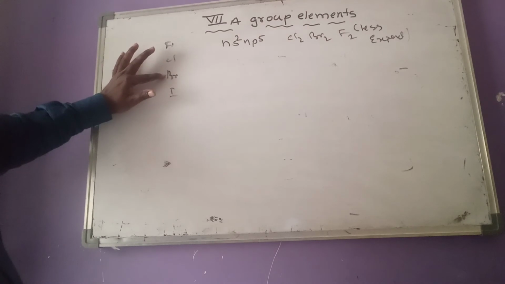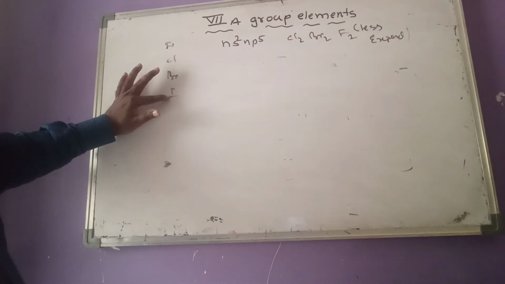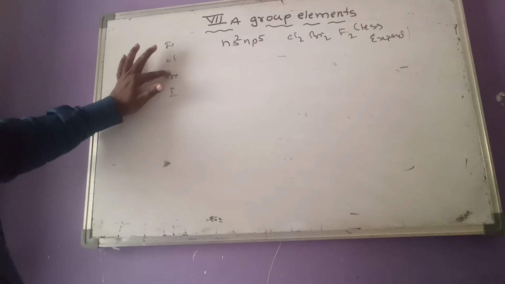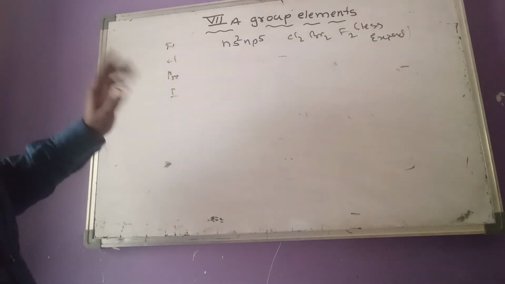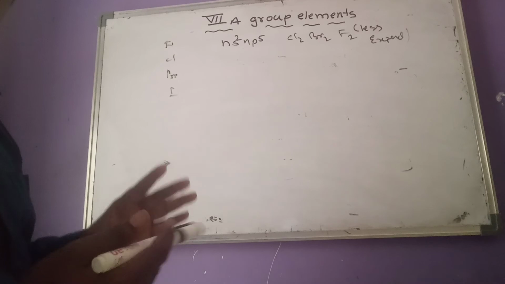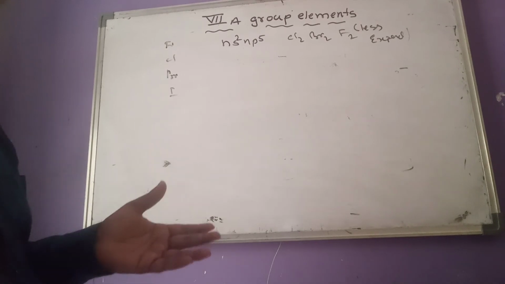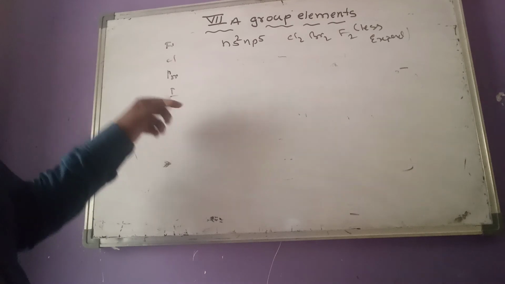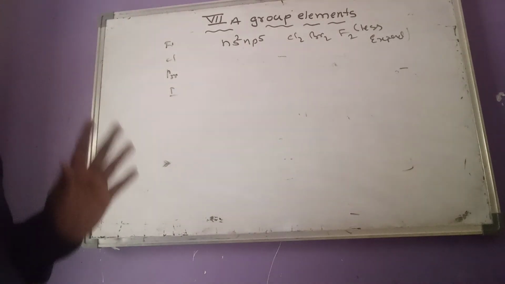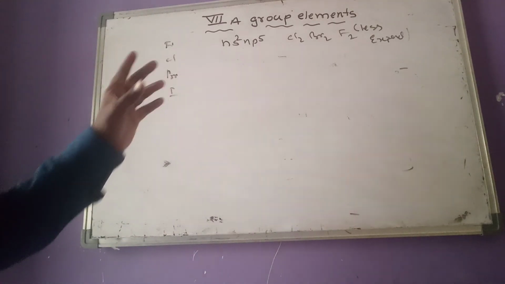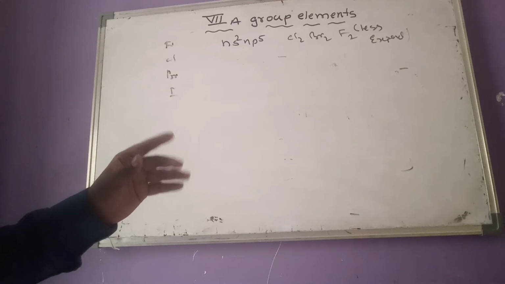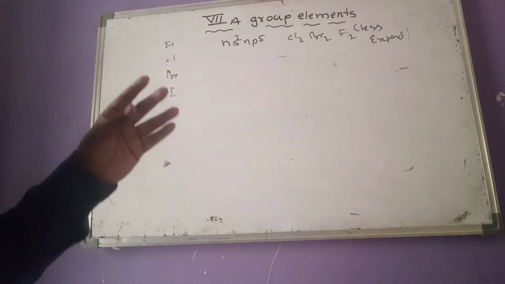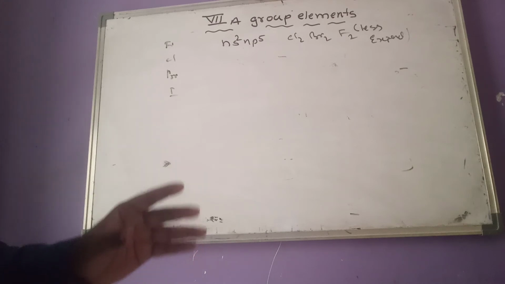And bromine displaces iodine from its halide but can't displace which one here? Chlorine and fluorine. And iodine can't displace any other halogen from their halides. It can be displaced by all the halogens. So which halogen can displace or oxidize all other halides, all other halogens?